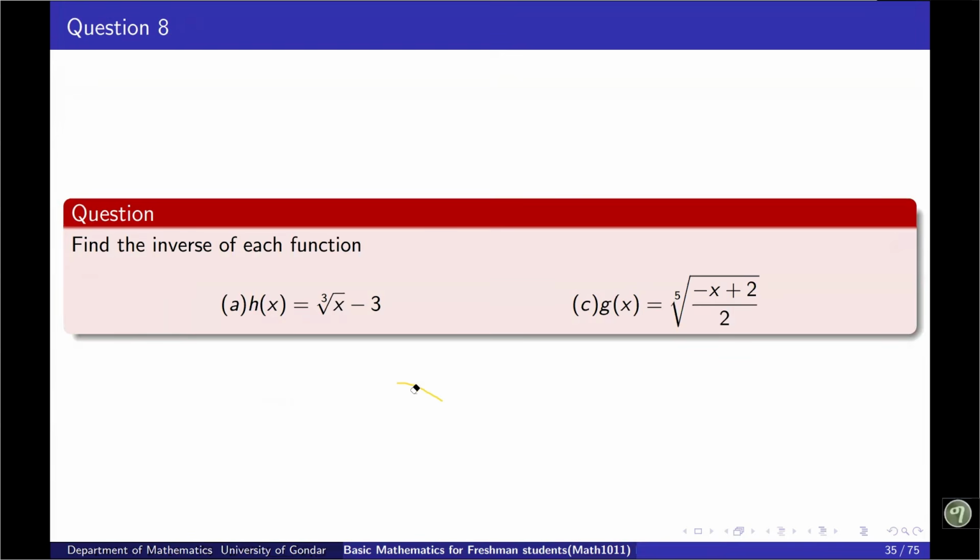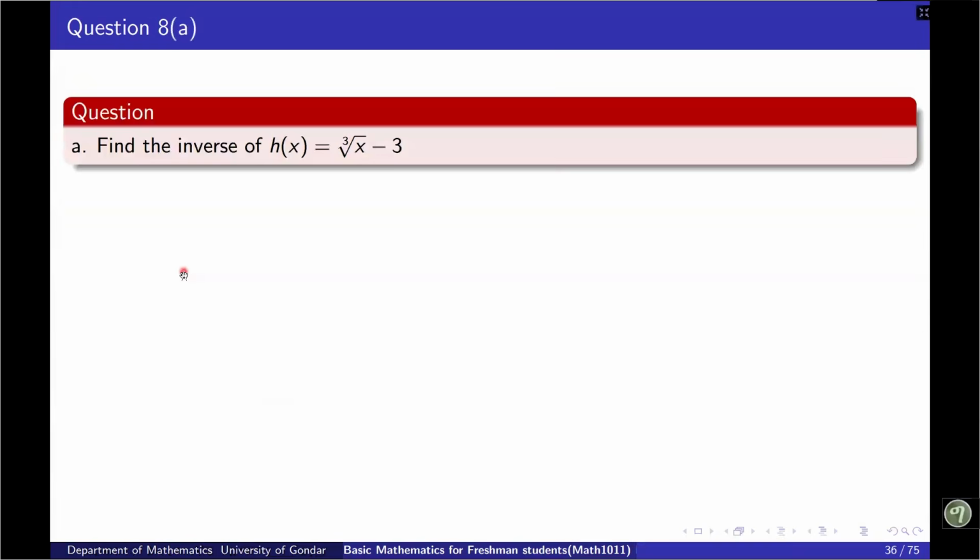Okay, the next one is question number 8, which is finding the inverse of the given function. So let us start from the first one. The first one is to find the inverse of h of x equal to the cube root of x minus 3.